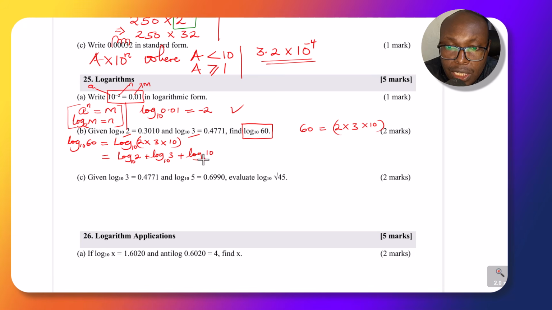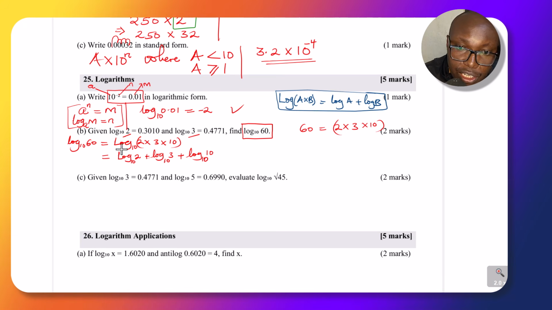We are using the basic laws of logarithms, and just to be specific on the exact law that I'm using, it is this one: given logarithm of a times b, this is equivalent to logarithm of a plus logarithm of b. That is the exact concept that I'm using here.